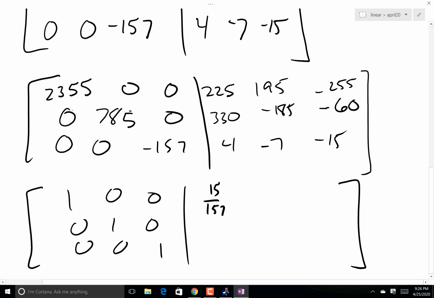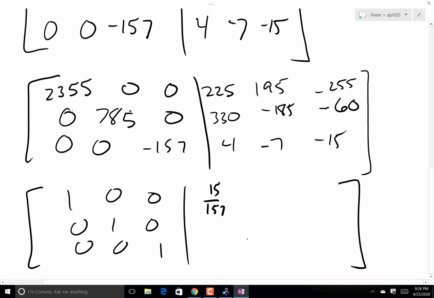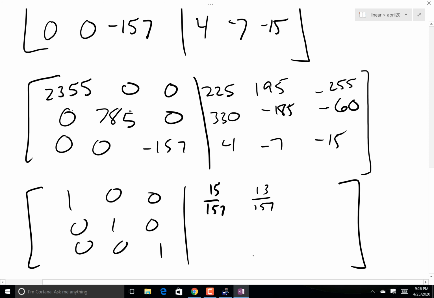And 195. 13 over 157. And then 255, 17 over 157.